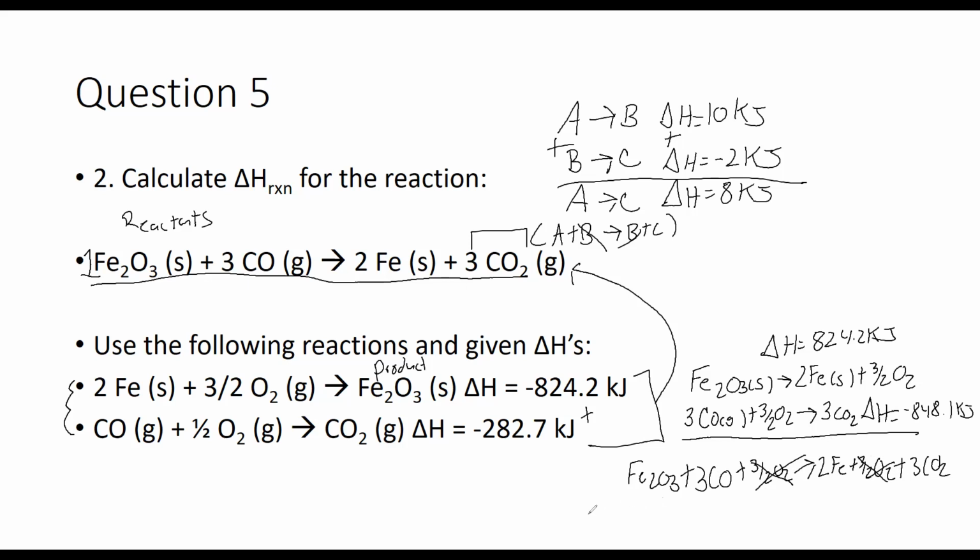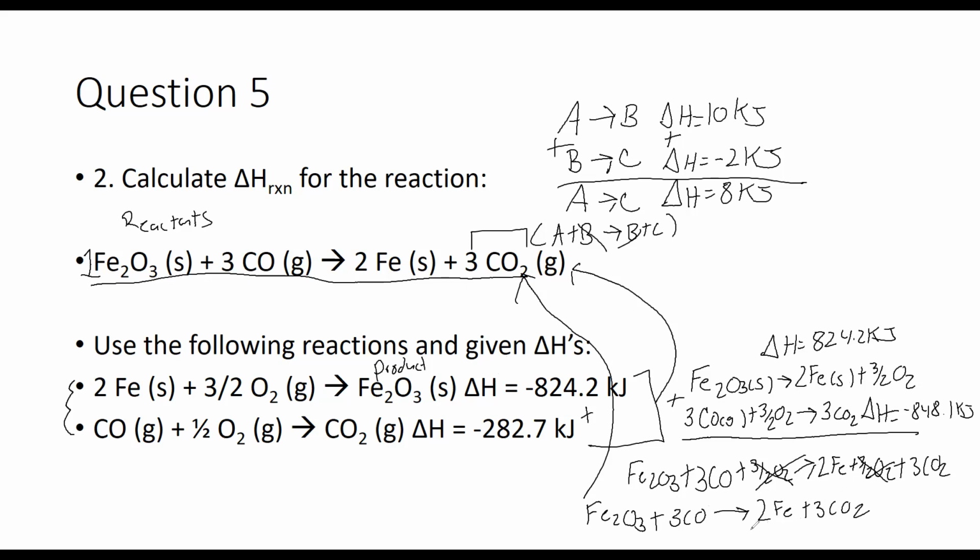So our final reaction is Fe2O3 plus 3CO goes to 2Fe plus 3CO2, which is exactly what we wanted in our target. And then all you do, since we added equations, you just add the delta H's together.